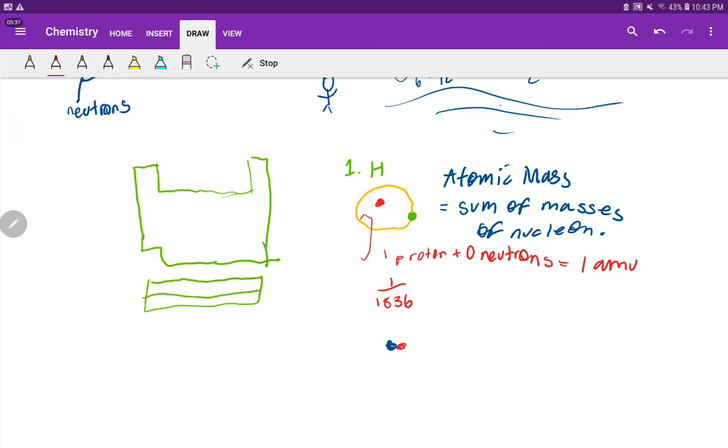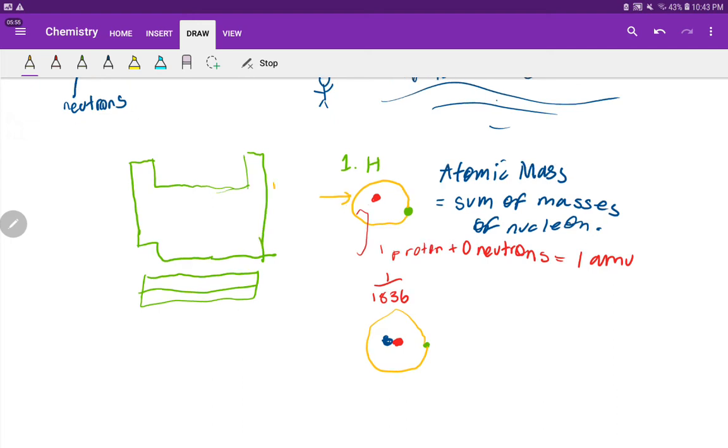another isotope of hydrogen. So an isotope, that term that I just used, is a form of an element with a different atomic mass than another one. For example, this is the standard form of hydrogen. It's also called protium. This is a hydrogen atom, but with one proton and one neutron. And this is called deuterium.